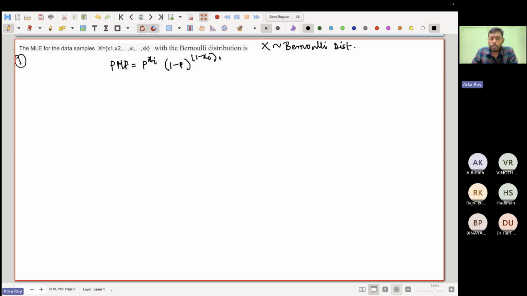For MLE construction, as you have heard in week 3 content, the points x1, x2, ..., xi, ..., xk come from an IID distribution, that is, identical and independent.